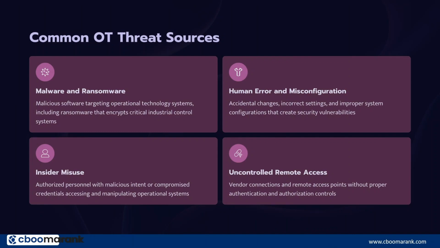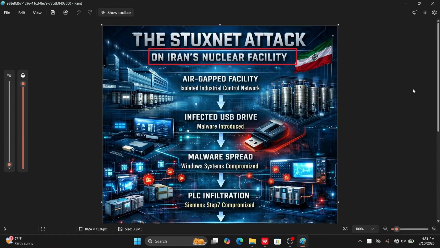Now let us give you some examples of industrial technology attacks. Let's look at the Stuxnet attack on the Iran nuclear facility.